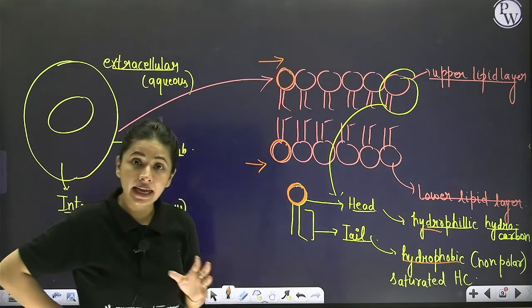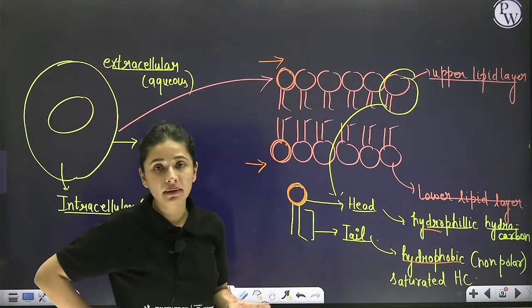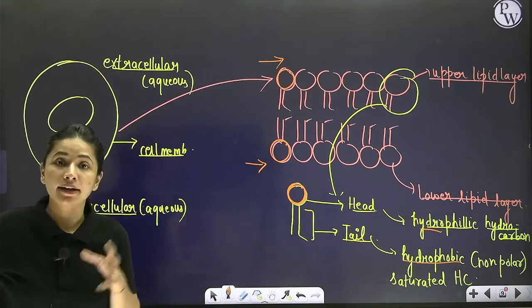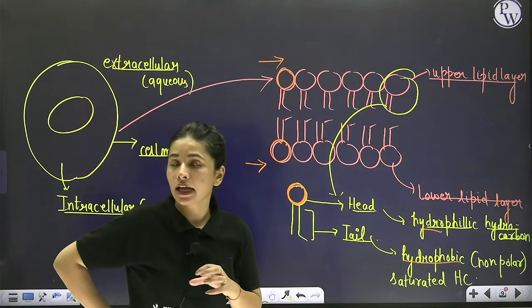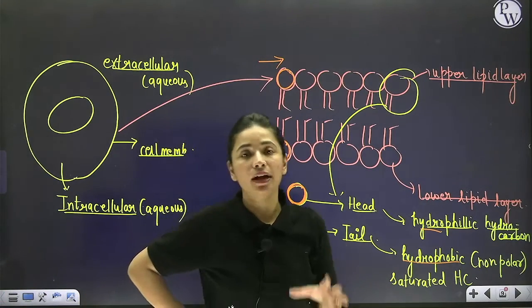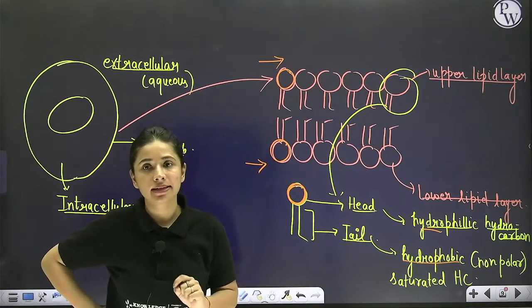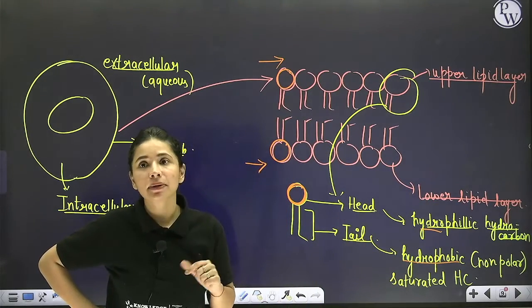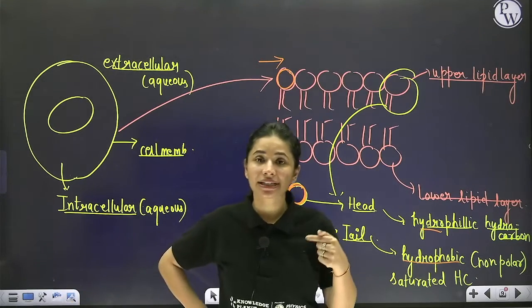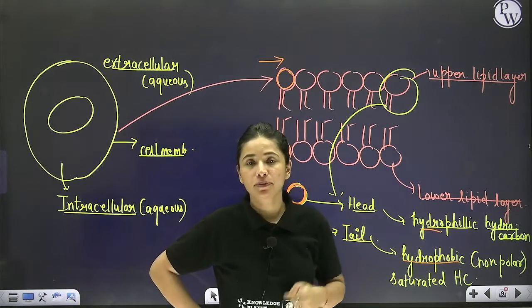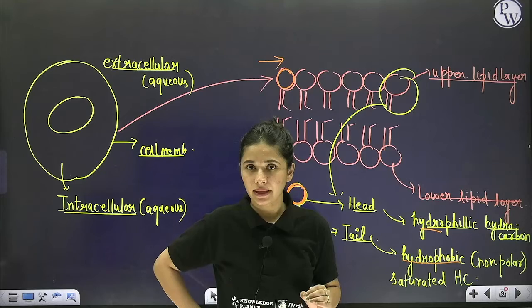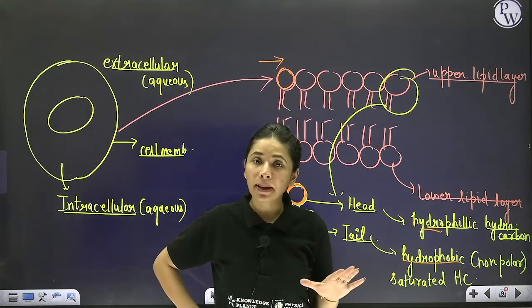It can stay in contact with the aqueous environment, but the tail being hydrophobic in nature cannot stay in contact with the aqueous environment of both extracellular and intracellular region. That is why the tail has to be projected inside and the head has to be projected outside. Correct? Got my point, everyone?